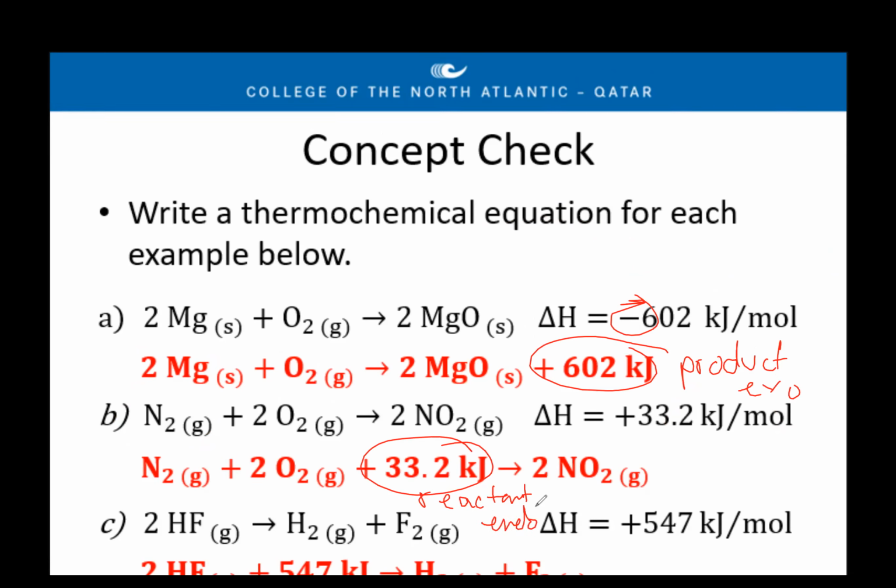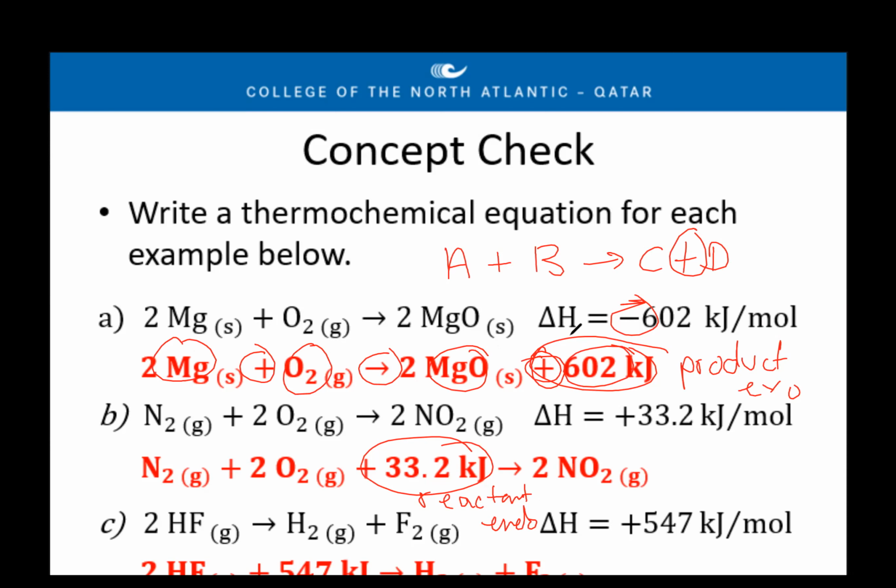But you can't have negative signs in a chemical equation. That's not how chemical equations are written. So yes, it's positive when I put it in. Well, I don't even want to say it's positive. When you write a chemical equation, the plus sign doesn't mean positive. The plus sign means and. So if you said this in English, it would be the word and. So magnesium and oxygen yield magnesium oxide and 602 kilojoules of heat.